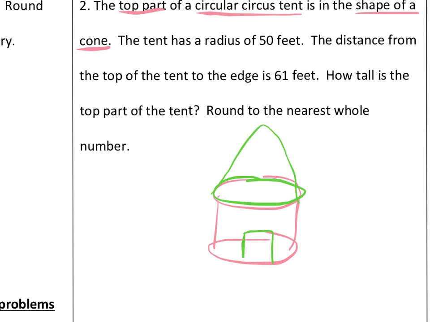Now it says that the tent has a radius of 50 feet. If you remember what radius is from your other math classes, the radius is from the middle of the circle out to one of the edges of the circle. And so that radius, we know, is 50 feet.